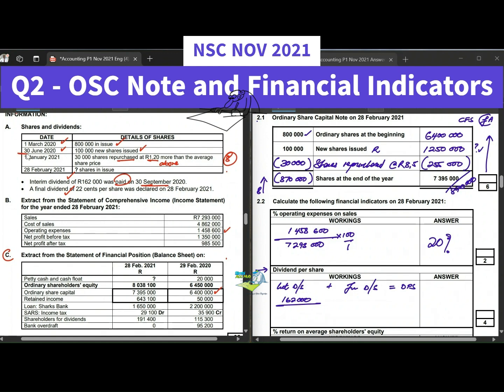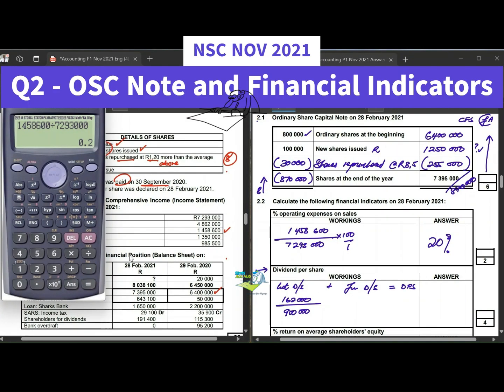And then between June and January, before the repurchase, that's when we paid the interim dividend. That means we had 900,000 shares. So I divide 162,000 by my 900,000 shares, and then that will give me 18 cents.